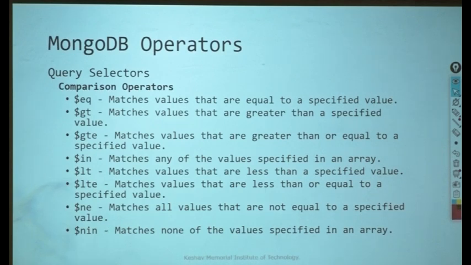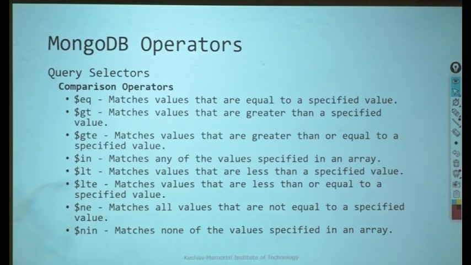GTE greater than or equals. Within the range, example like AND operation. LT less than. LTE less than or equals. NE not equals. NIN opposite to in, not in.